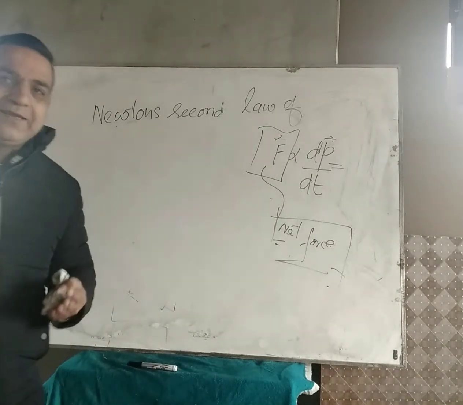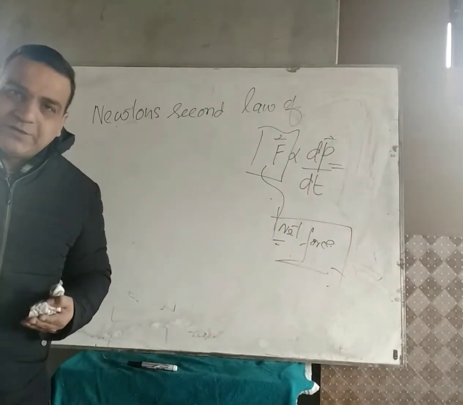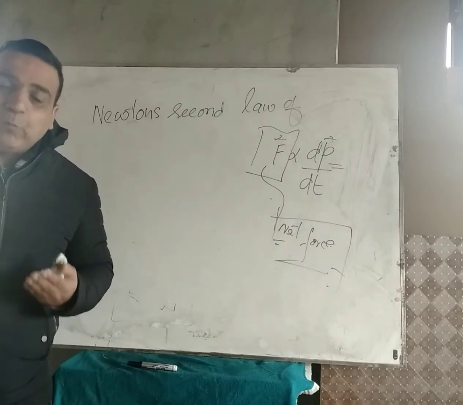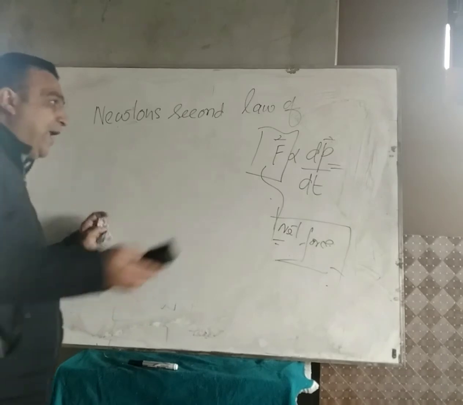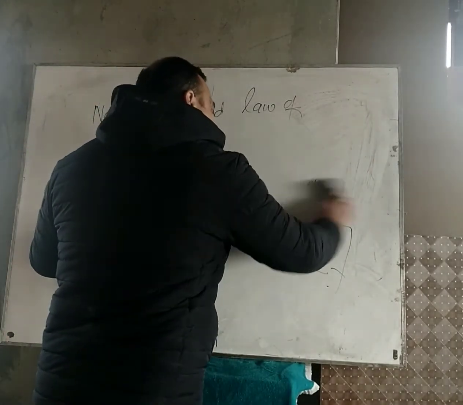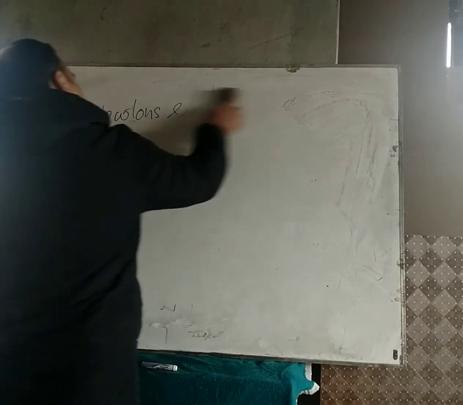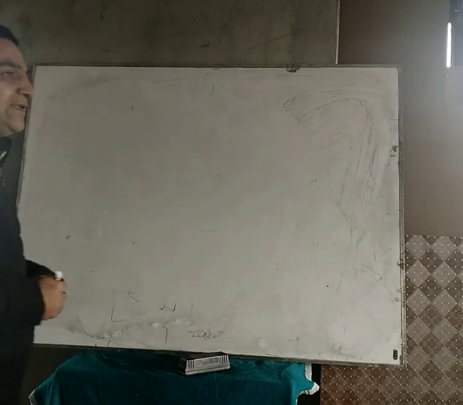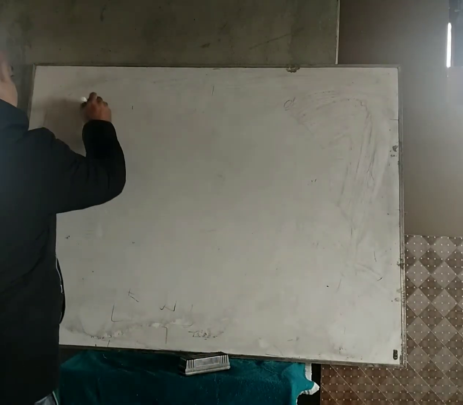What will be the weight of that person inside the lift? That weight is an apparent weight. So the problem that we are going to discuss here is the apparent weight of a person in a lift.